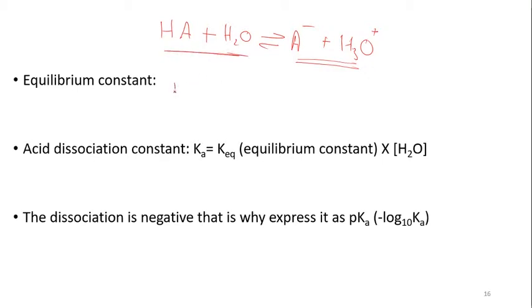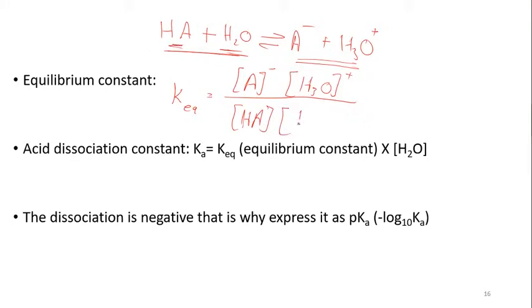My products in that case would be the concentration of A minus, multiplied by the hydronium ion, over the concentration of my acid multiplied by the concentration of water.